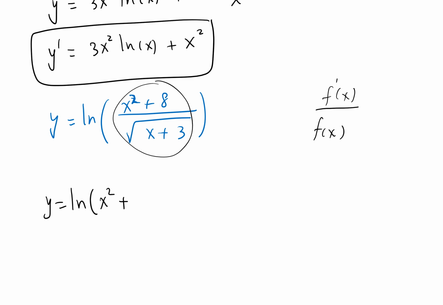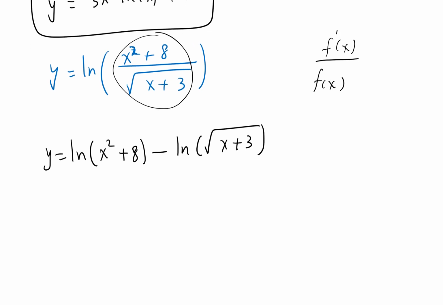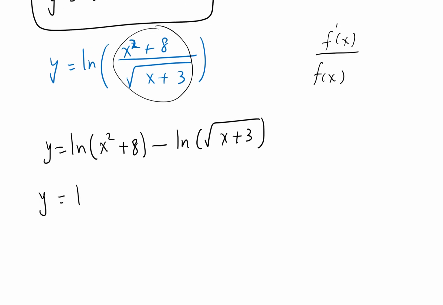Because I have x squared plus 8 divided by, the division becomes subtraction, like so. Nothing can actually be done for this one. But the other one, you can write as x plus 3 to the 1/2, and bring the 1/2 down, natural log of x plus 3.